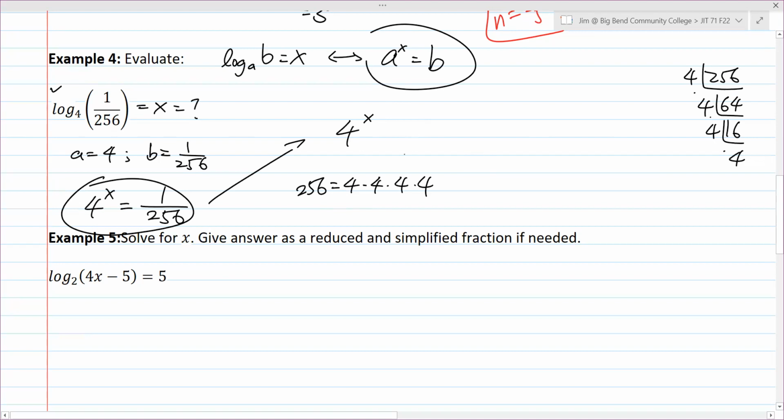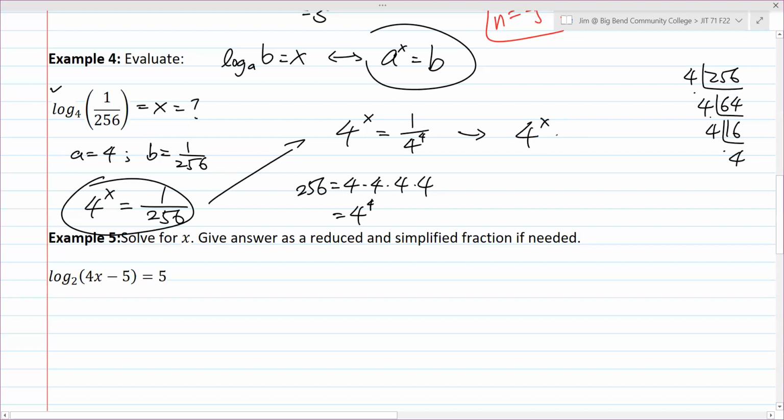Okay, so we have 1 over 256, and 256 equals 4 to the 4. So that means we have 1 over 4 to the 4, right? Okay, then invert the right-hand side fraction.